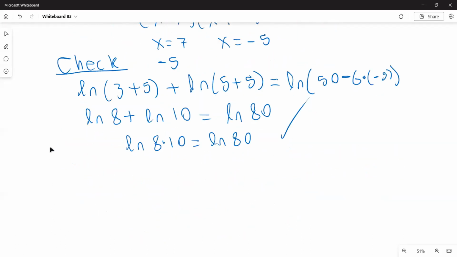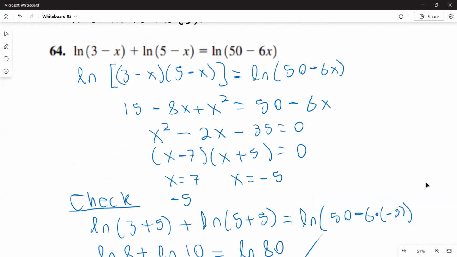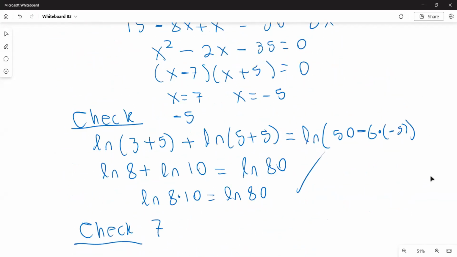And we're finally going to check 7. We've got natural logarithm of 3 minus 7.